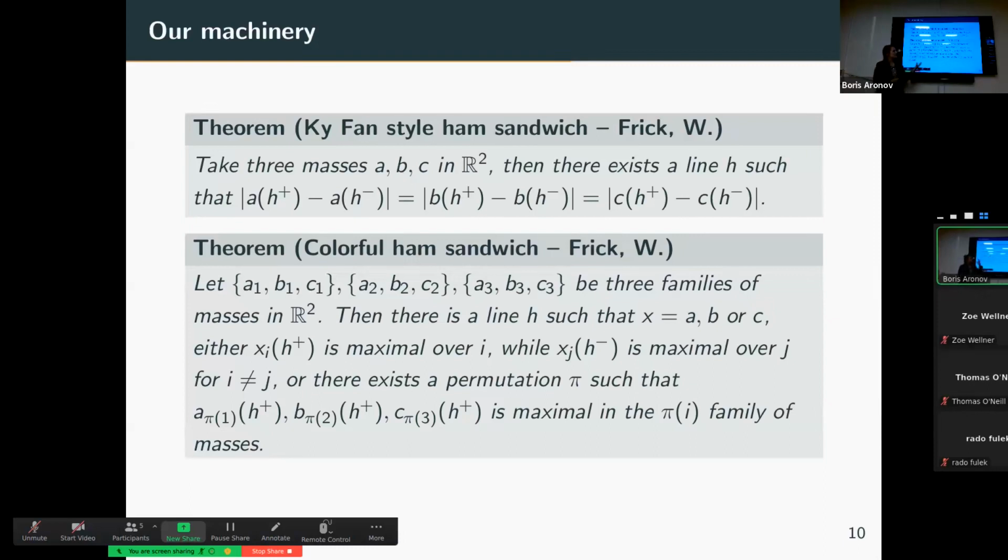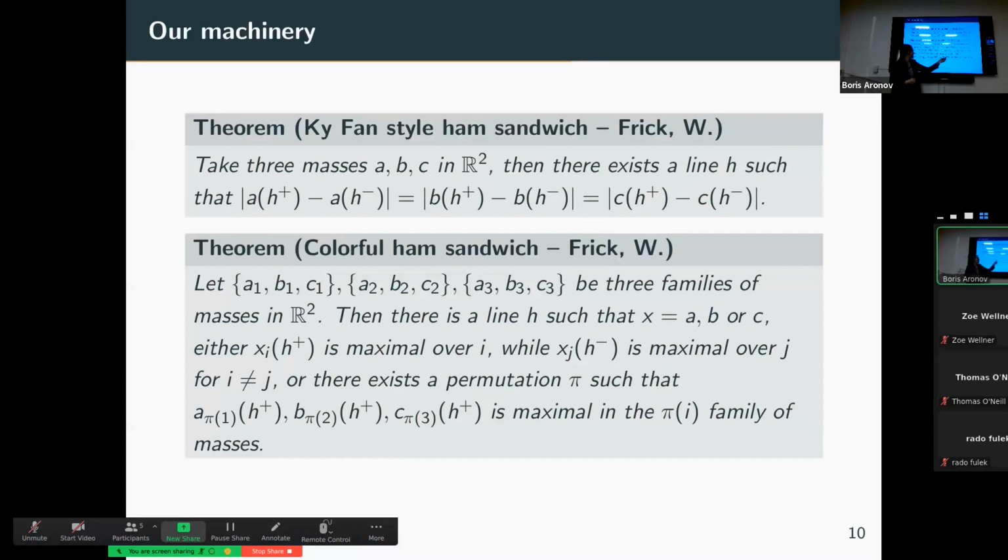You have some line such that either one of A, B, or C has all of its mass in the positive half for one of the families, and the minus half space for the other family. So for example, if B1 is almost entirely in the plus half space and B3 is almost entirely in the minus half space, that is what this would be.